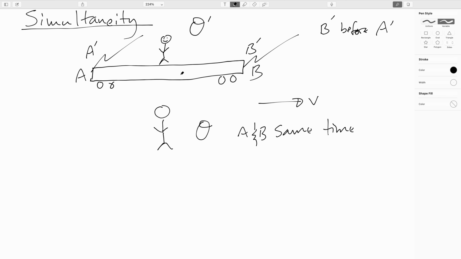But keep in mind that since I'm an inertial observer, I'm allowed to say that I'm stationary and that you're the one who's really moving, in this case the other way. So what do I see? Well, here I am at the midpoint here, and we both agree that I saw B prime first and then A prime. So we'll say second.